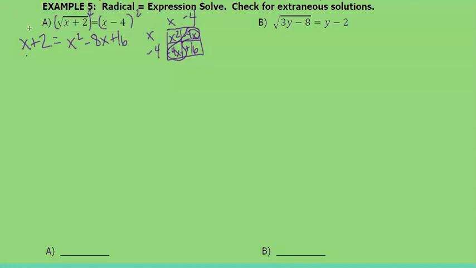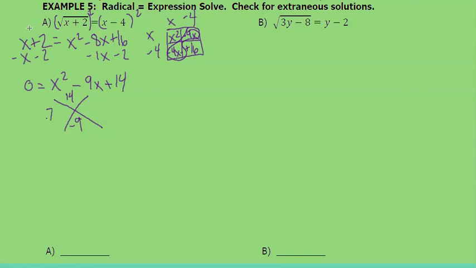From here, let's move everything to the one side of the equation except for 0. So I have minus 1x and minus 2. So we have 0 equals x squared minus 9x plus 14. We want to factor this. A times c is 14. B is negative 9.